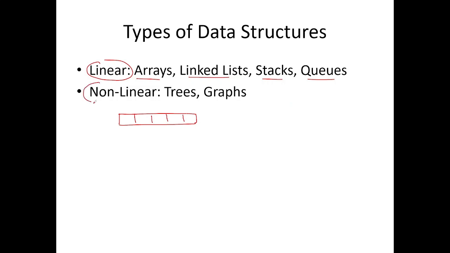And if you look at the non-linear data structures, trees and graphs, they are mostly hierarchical. These are trees and these are graphs. They are not linear because if you look at the nodes, they are arranged in a very different manner, right?